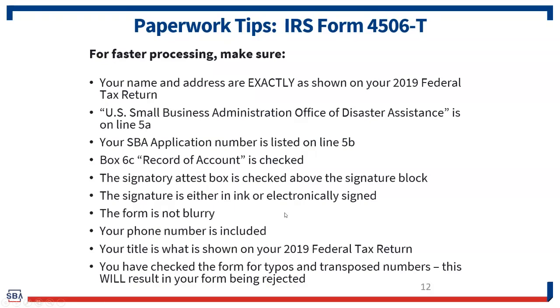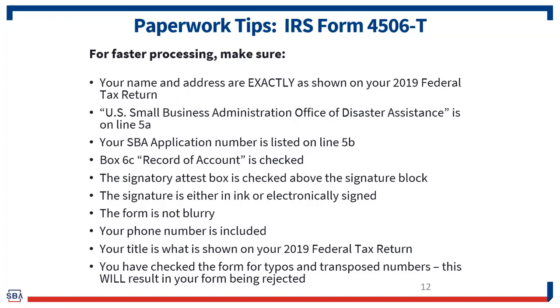Getting back to the paperwork, probably 90% of the calls that we get here at the district office are related to this IRS Form 4506T. This form is very picky on what is entered in there so that it doesn't come back as rejected. The reason that it's so picky is the SBA and IRS have worked together to make kind of a scanning platform that reads these forms.